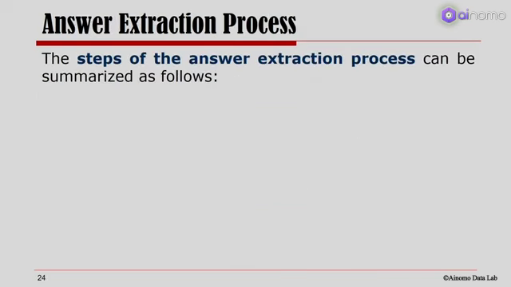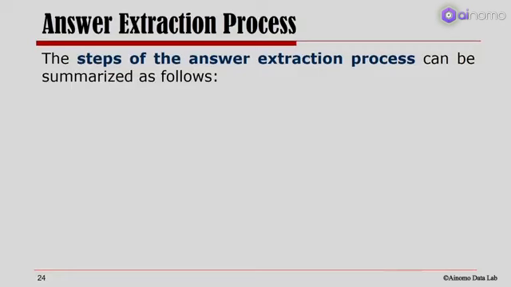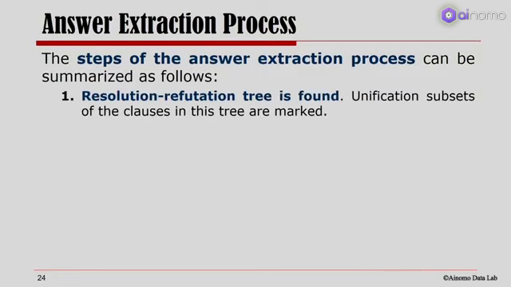So, to summarize, the steps of the answer extraction process that we have discussed today are the following. First, the resolution refutation tree is found. Here the most important fact to be marked is the unification subsets of the clauses, because when I am trying to get the modified proof tree, I have to go through the same resolutions.